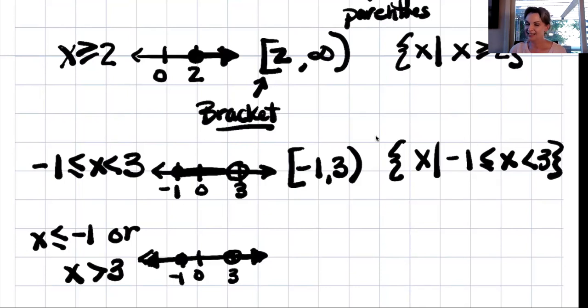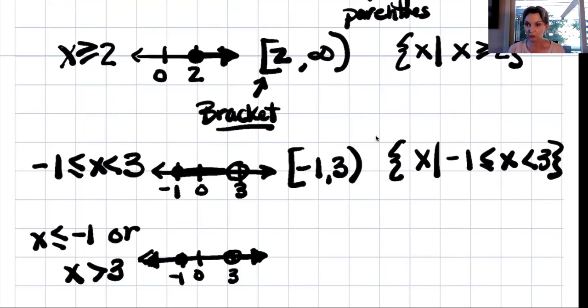And here's where we're going to use that union intersection thing we learned about just a minute ago. Because this is actually two different sets, right? We have one set of numbers that's -1 and less, and then we have another set of numbers that's 3 and above. So it's two different sets, and we're going to use a union to join them.